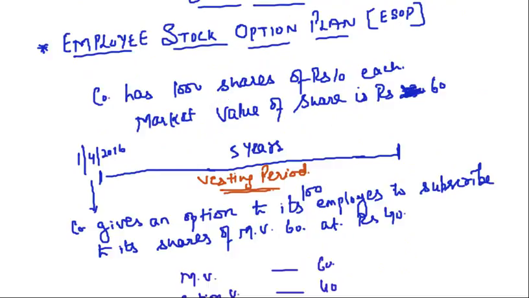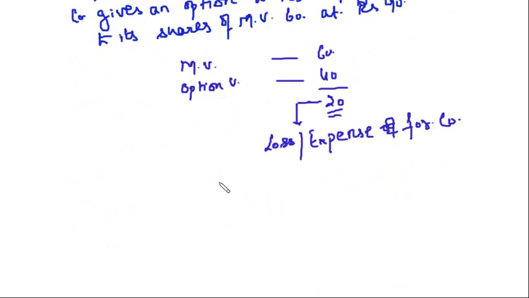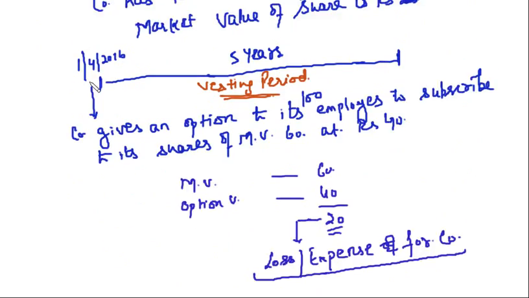See, here also I will do 100 shares for simpler calculations. Let us take company as only 100 shares, right? Now ESOP says that this loss or expense for the company, this you have recognized on 1/4/2016. There is a vesting period of 5 years after which the option will be exercised. Option can be exercised by the employees, right?